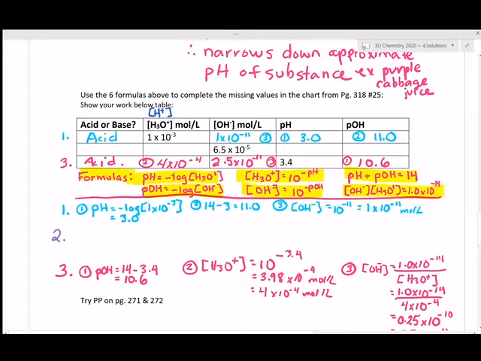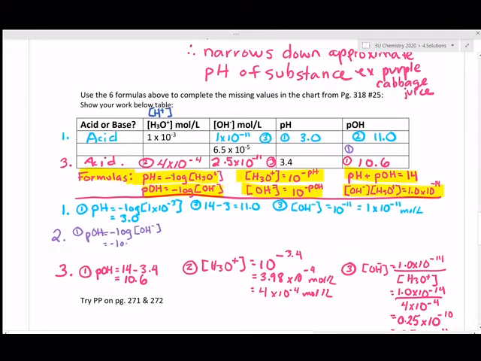So for number 2, the information they've given us is the hydroxide ion concentration. So the first thing I'm going to do is figure out the pOH. pOH equals negative log of hydroxide ion.